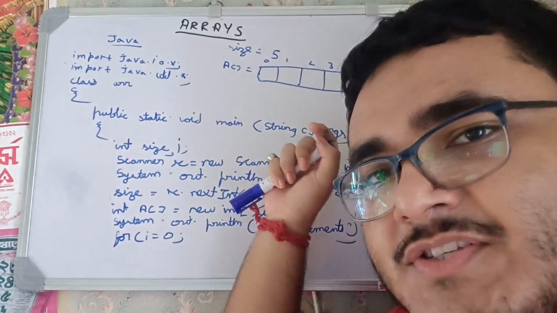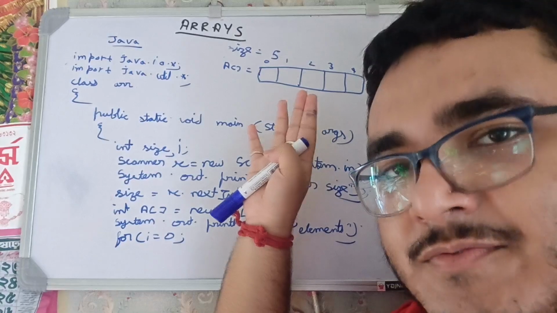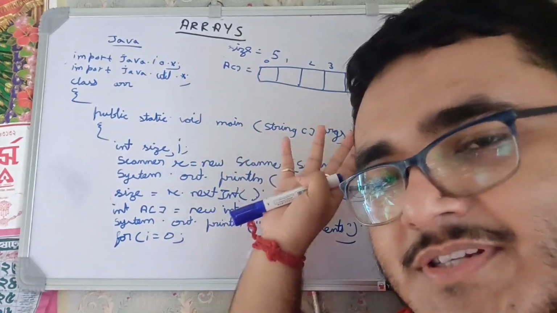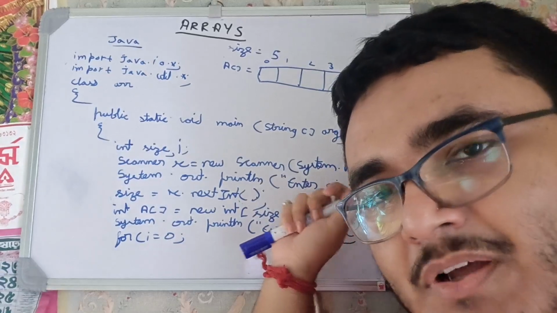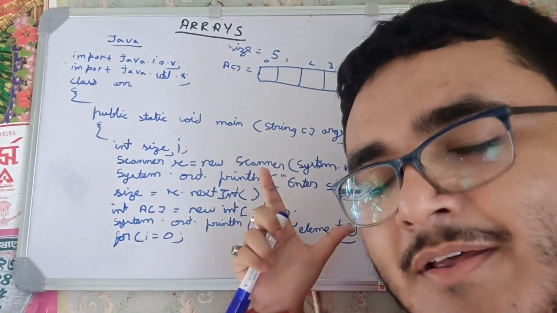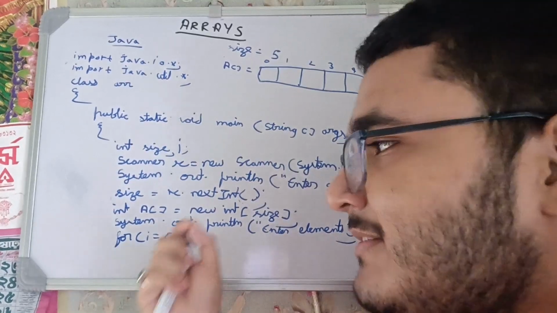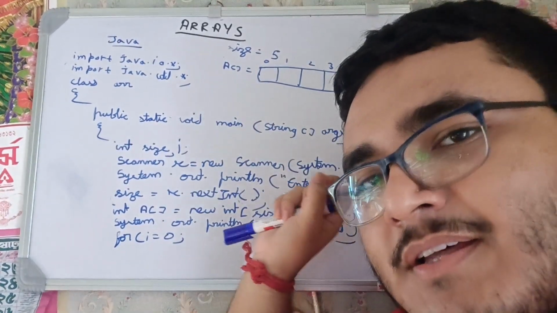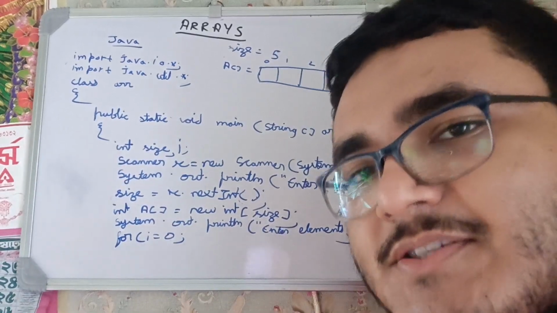For 5 it is 4, if size was 6, it was 5, if it was 10, it was 9, if it is 100, then 99. Last from 0 to 99, all the 100 values. That means the loop should end at a value before the size, that means size minus 1.